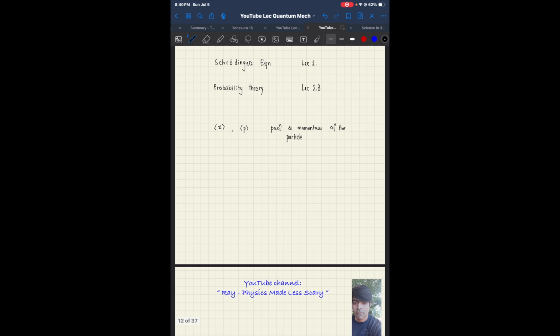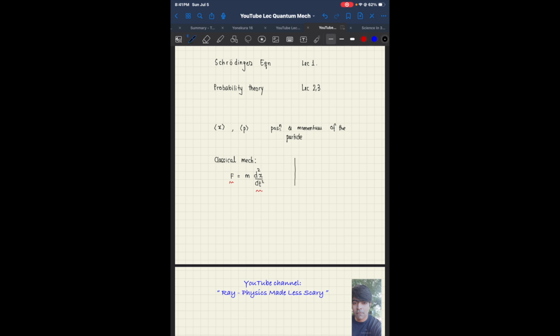For example, in classical mechanics, we already know the answer to this question. If someone gives me a force, from Newton's law, F = m d²x/dt². If someone gives me the left hand side, I can integrate and find the right hand side.